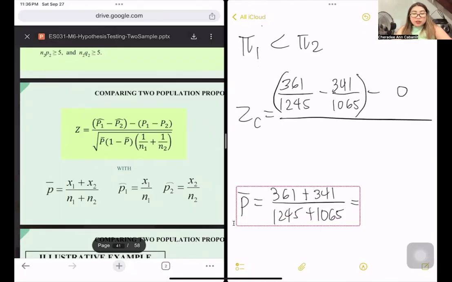That's 361 plus 341 divided by 1245 plus 1065.